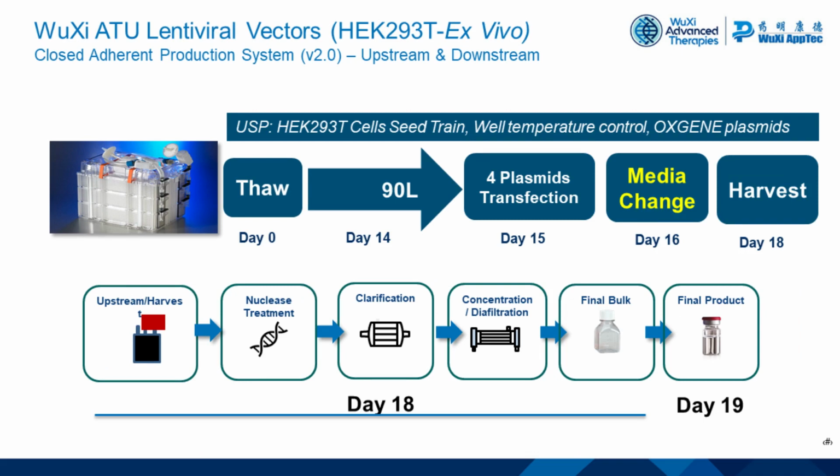This slide shows the overview of the Lenti 2.0 platform, which we just discussed. By having a very quick process with well-defined unit operations, we can ensure we achieve the target titers and recovery with great predictability in GMP.